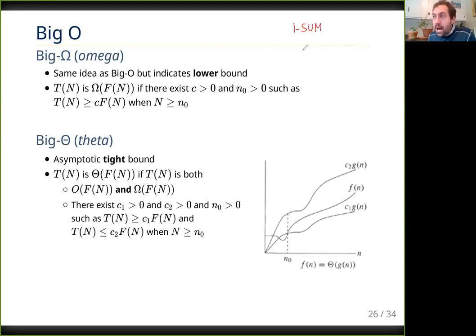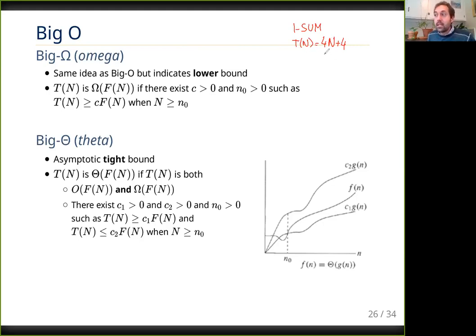When we counted all of the statements and their frequency, we ended up finding that the estimated running time T of n for this one sum problem was 4n plus 4. If you don't remember, pause this video, go back to the slide, go back to the other video.